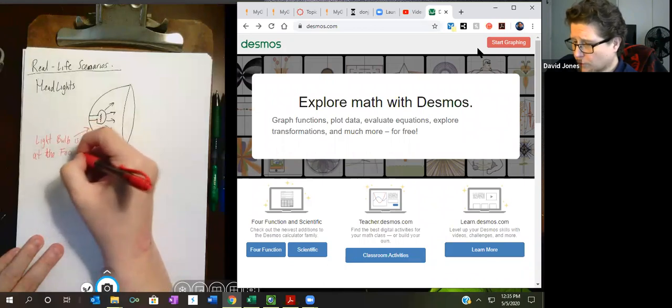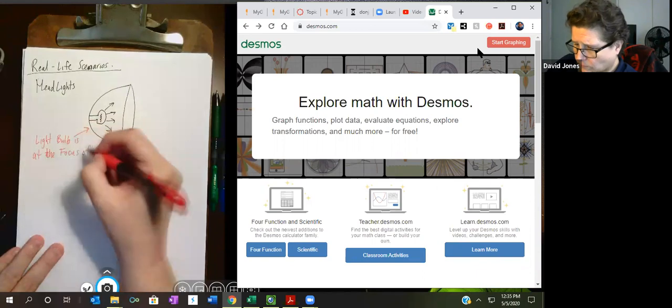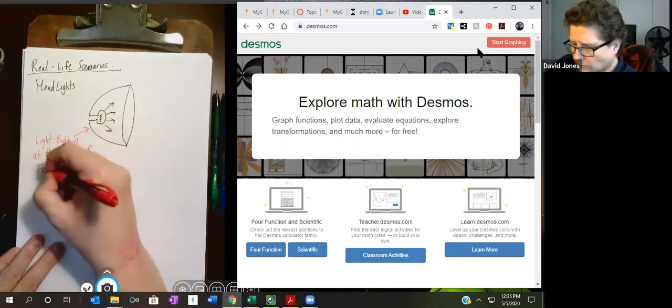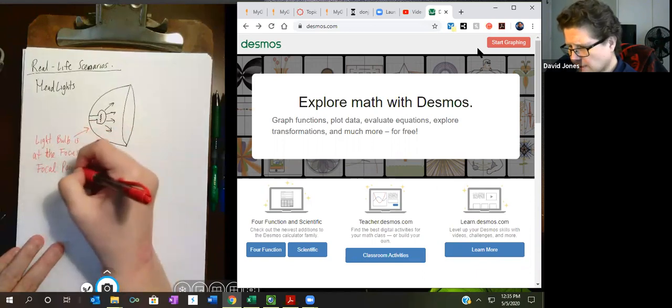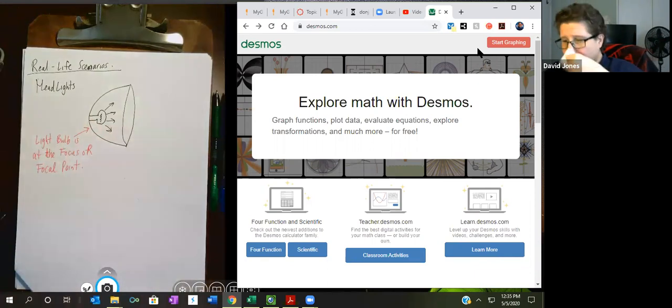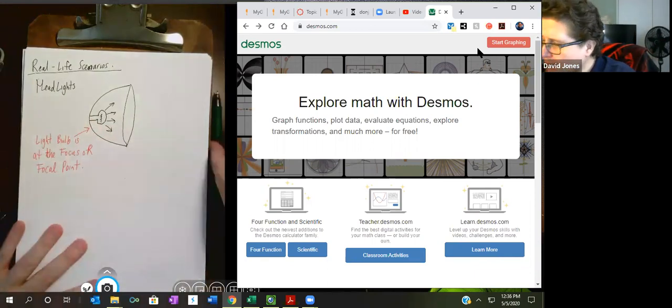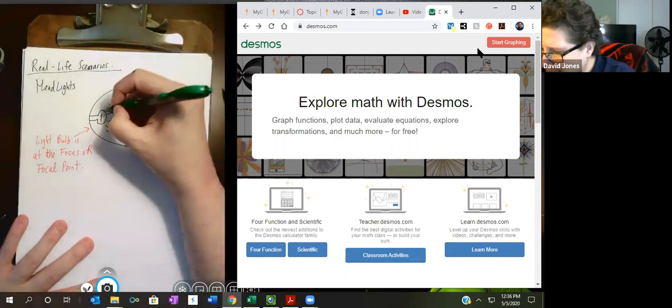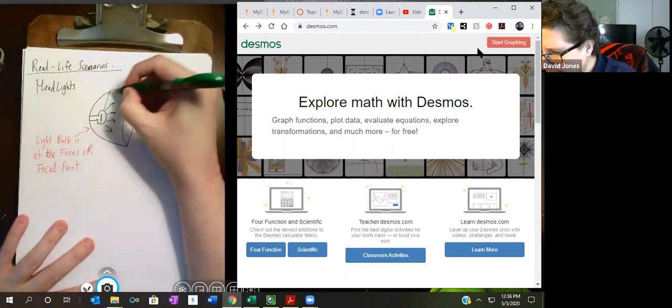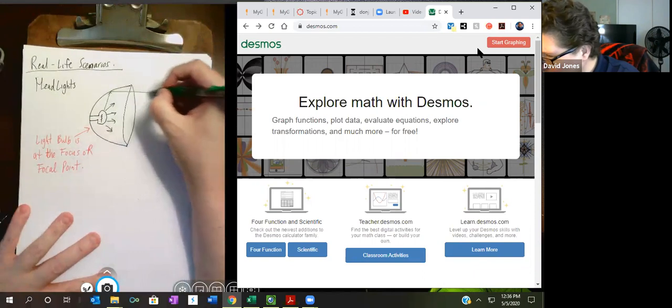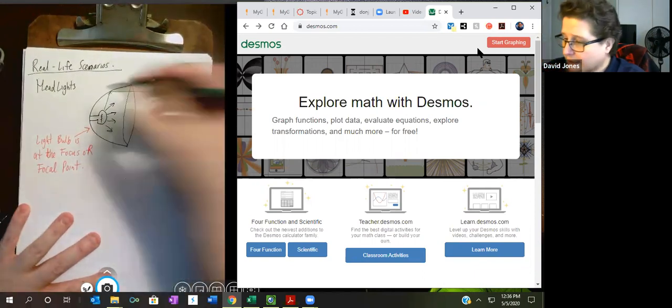Focus or focal point. And the reason why that's optimal is that no matter which way the light shines, when it hits it, it reflects straight that way.